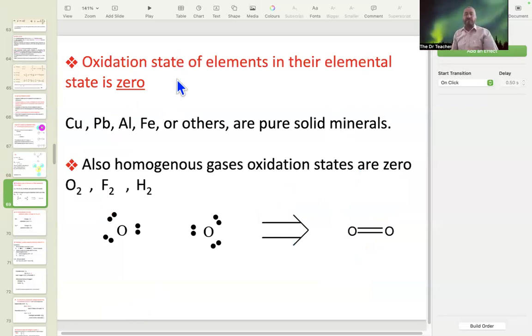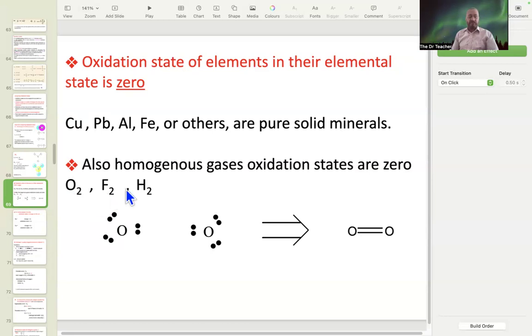Oxidation states for elements in their elemental state are 0. This is a rule. So copper, lead, aluminum, iron, any other atom on its own, pure, the oxidation state will be 0. Also, homogeneous gases have oxidation states of 0. Homogeneous means the same type of atoms. Here are oxygen, oxygen, so 0.